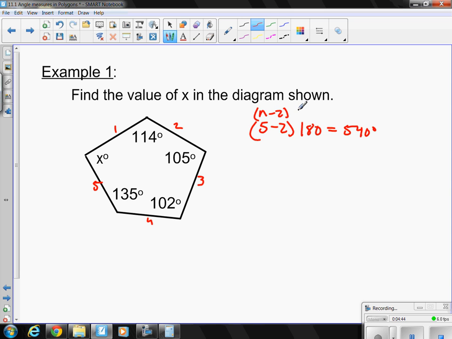Because n is 5 sides. And from here, to figure out what x is, I could write an equation. Basically, if I add up all these things together, it's going to equal 540.